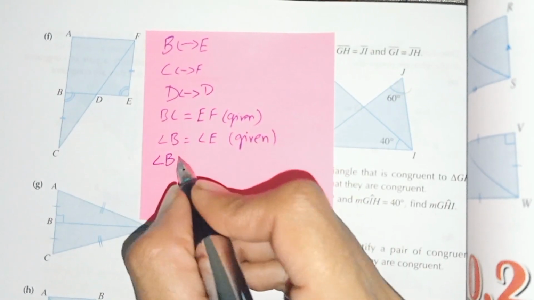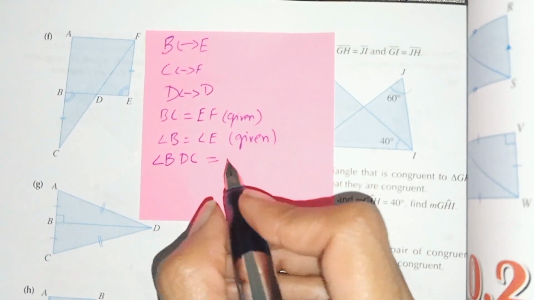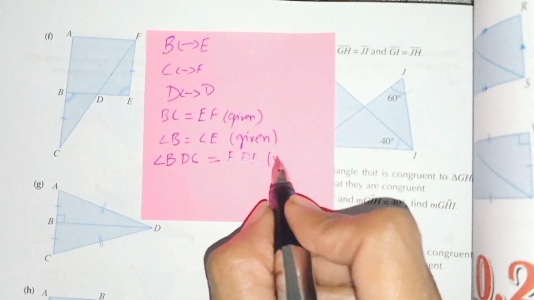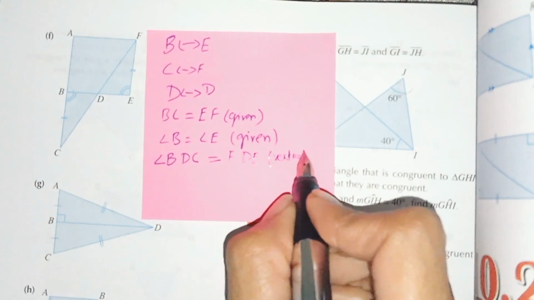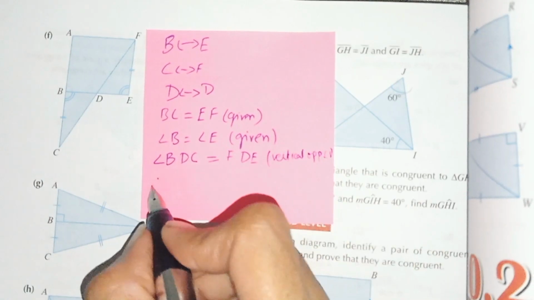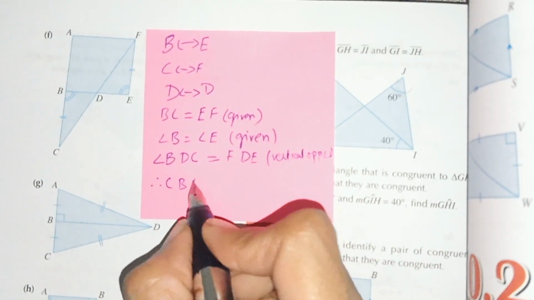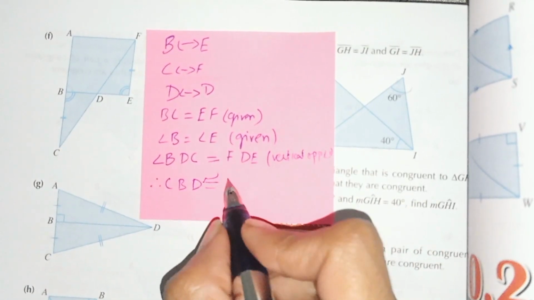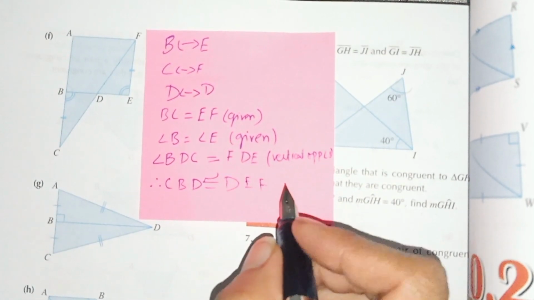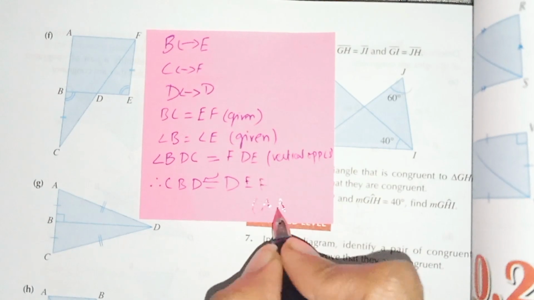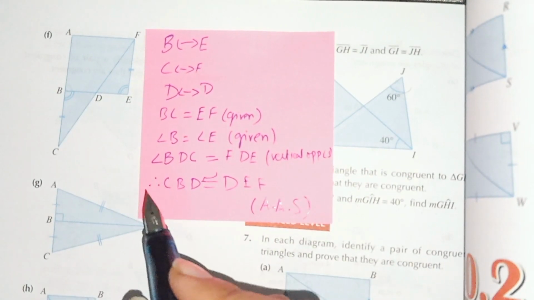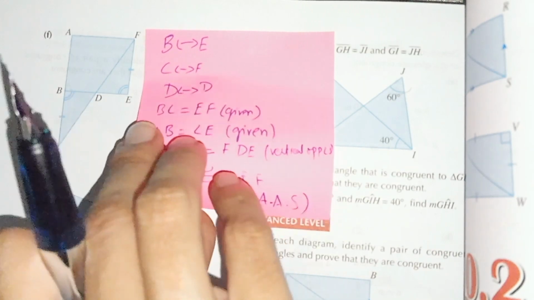Now students, angle BDC is equal to angle FDE because they are vertical opposite angles, and therefore the triangle CBD is congruent to triangle DEF because of the angle side test. Now students, this proves it, and part number F is solved.